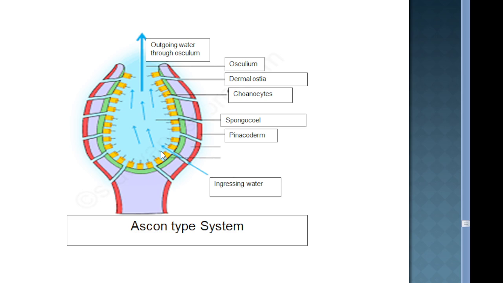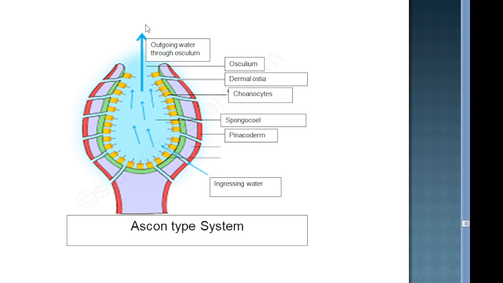This is the circuit of the water, and of course in the spongocoel we find choanocytes, and the choanocytes will guide the water and give the water its direction. I mean, it enters by the dermal ostia and goes out through the osculum. So this is the very simple type.